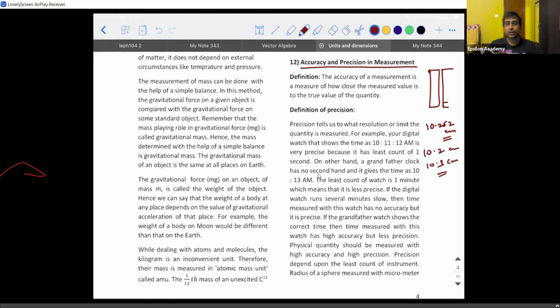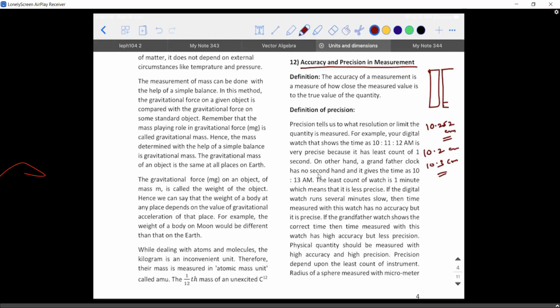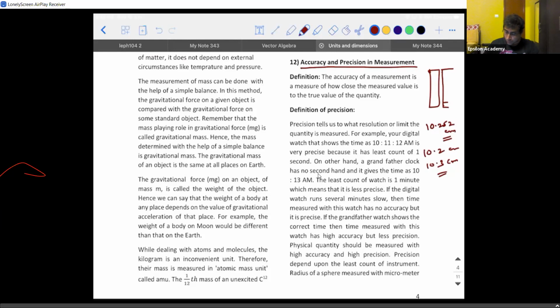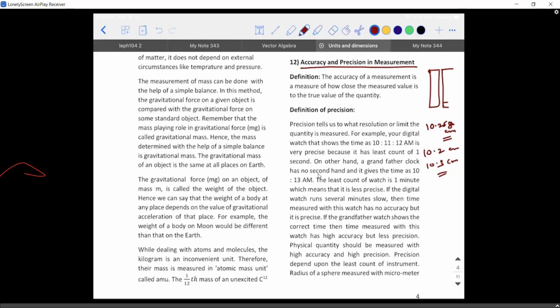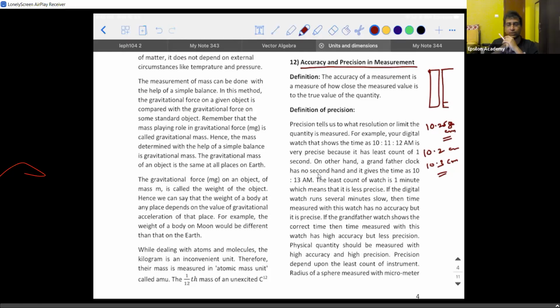Who is more accurate? 10.3, sir. 10.3 is going to be more accurate. You're able to understand, guys? So accuracy has something to do with the comparative study. I need to know the exact value for me to decide which one is more accurate.